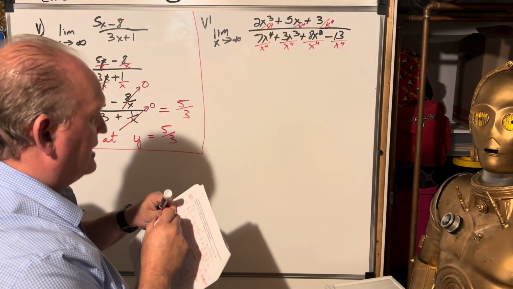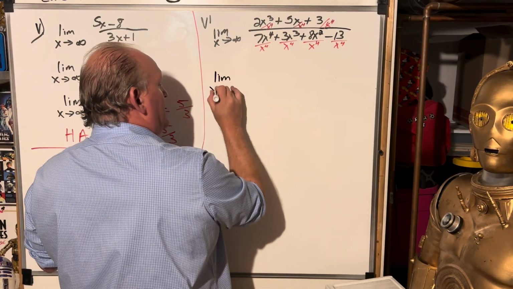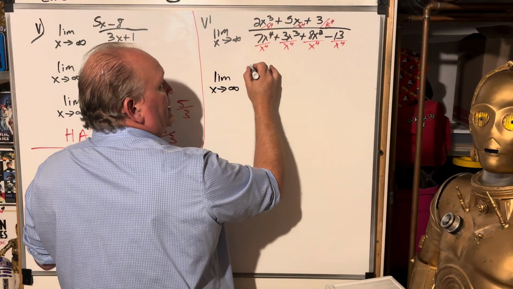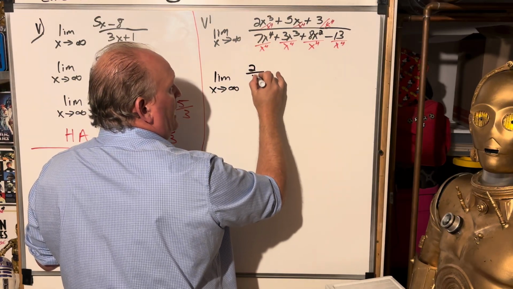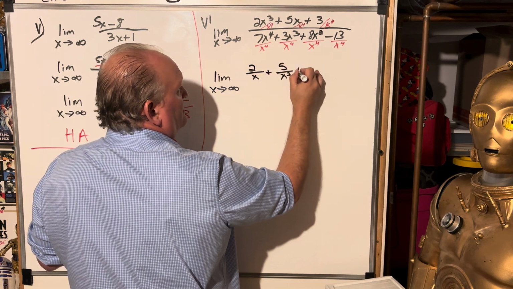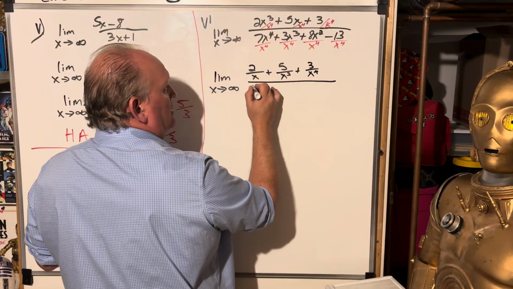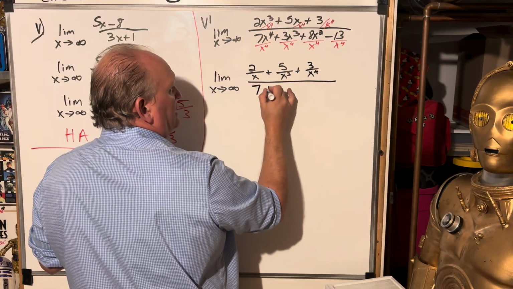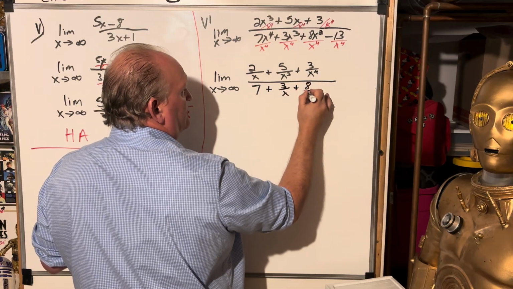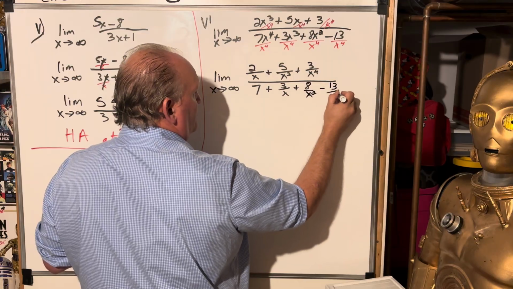So we squeezed in an x to the 4th everywhere, and now we're going to do the limit as x approaches infinity of 2 over x plus 5 over x cubed plus 3 over x to the 4th over 7 plus 3 over x plus 8 over x squared minus 13 over x to the 4th.